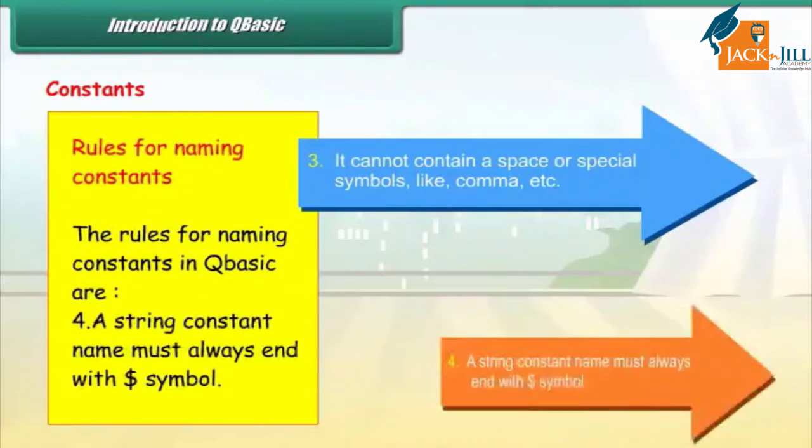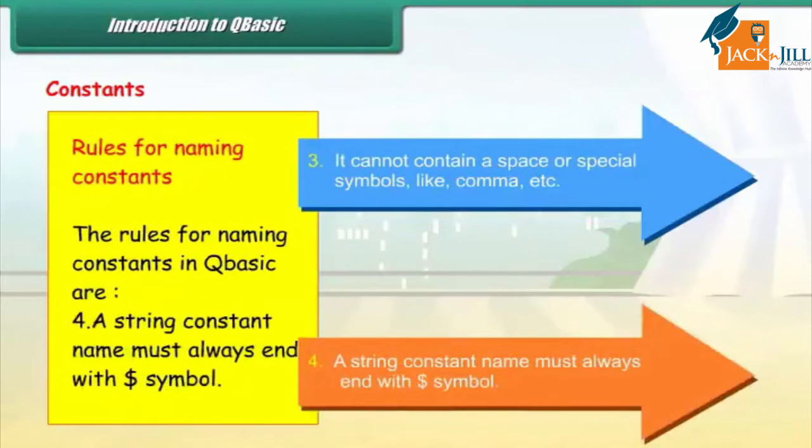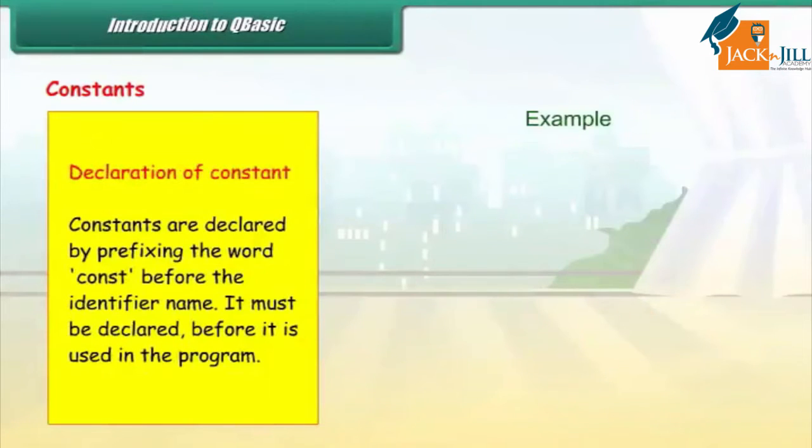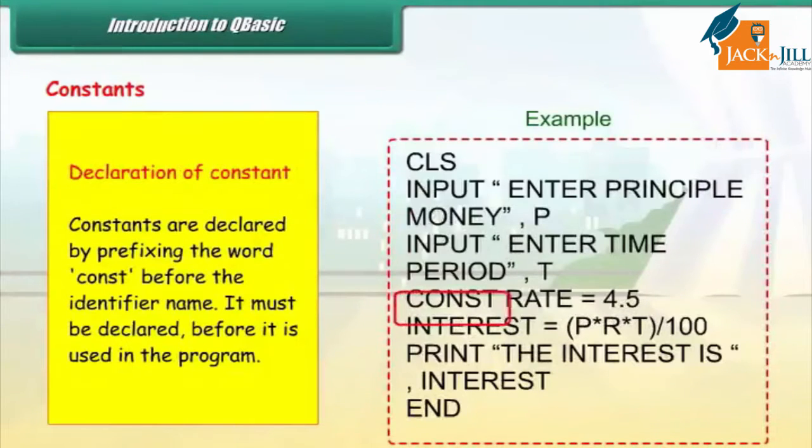A string constant name must always end with a $ symbol. Declaration of constant. Constants are declared by prefixing the word CONST before the identifier name. It must be declared before it is used in the program.